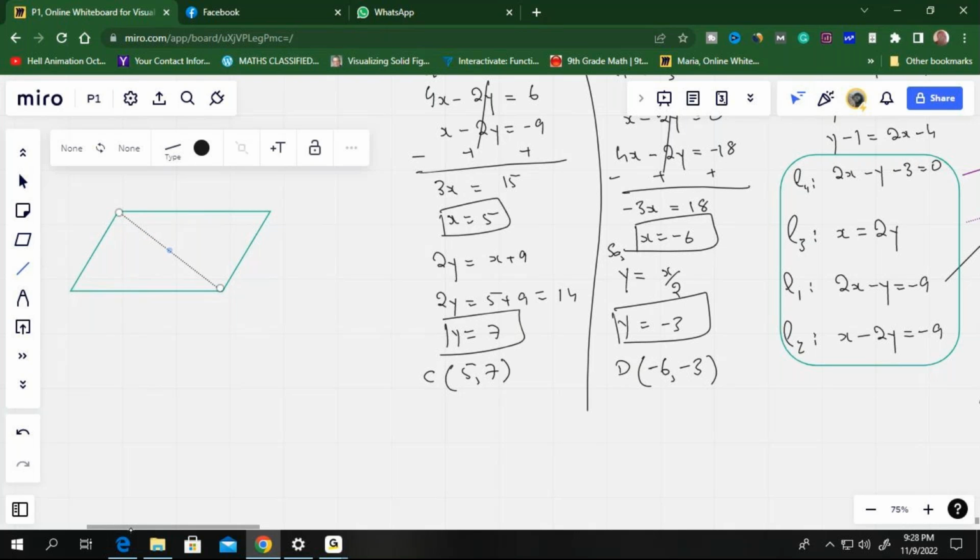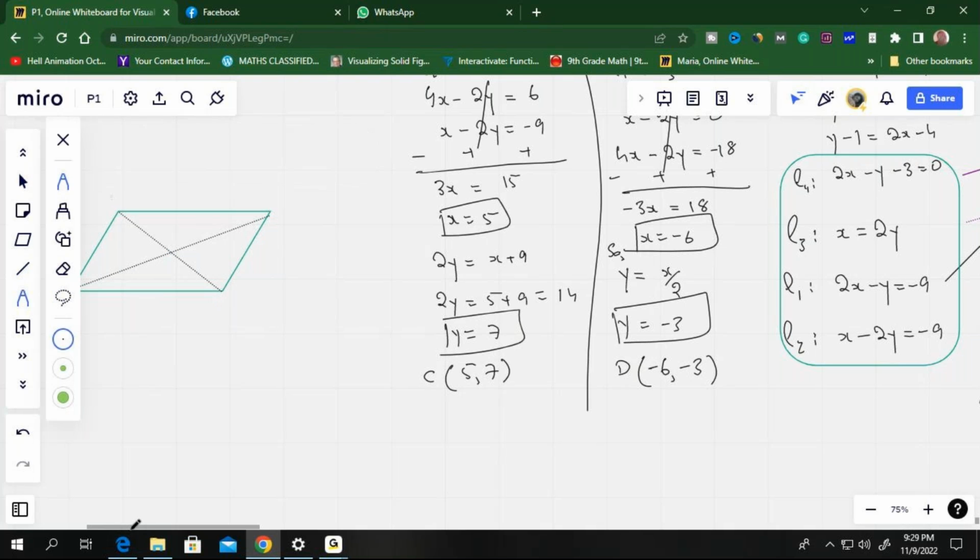This is my AC, that's my BD. Roughly you can see that AC and BD are dividing each other into two equal parts, and they are intersecting each other at 90 degrees.